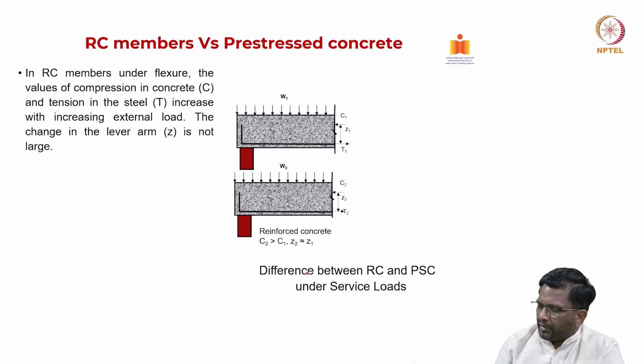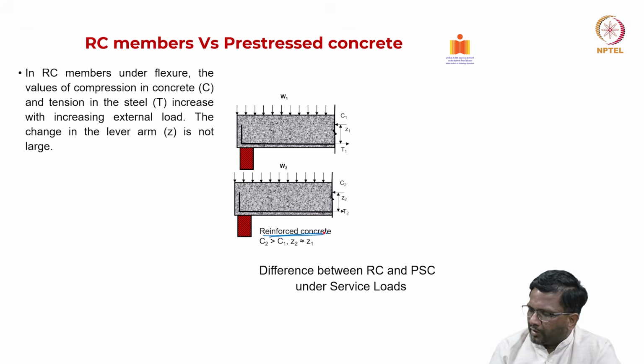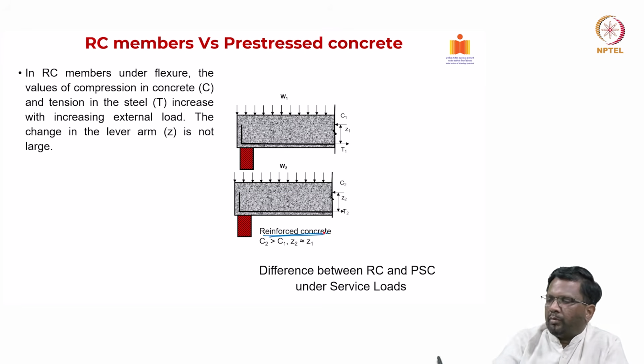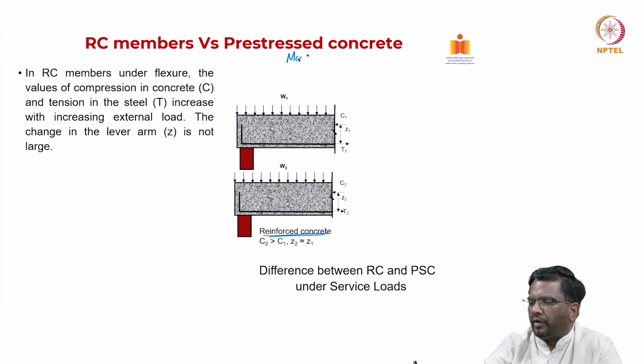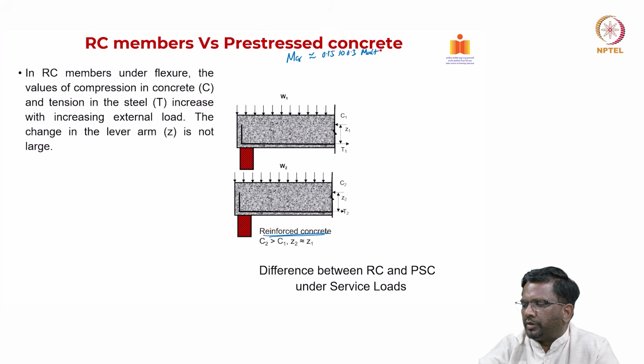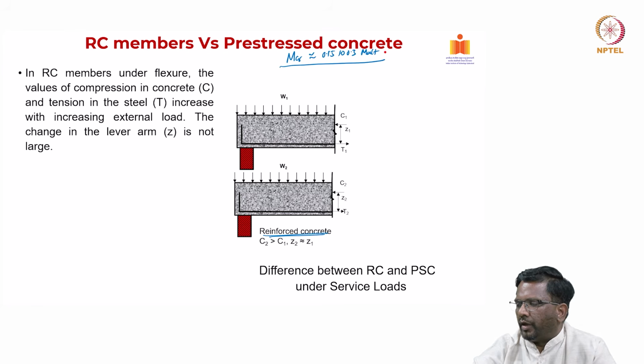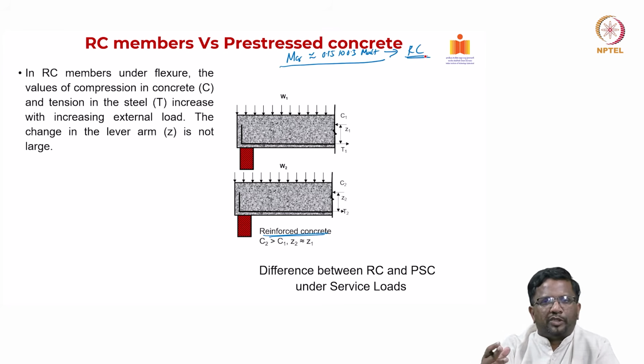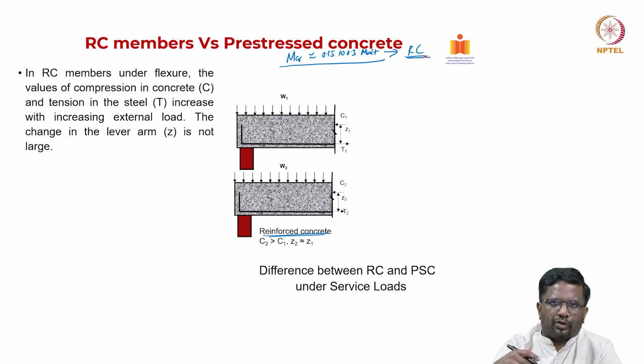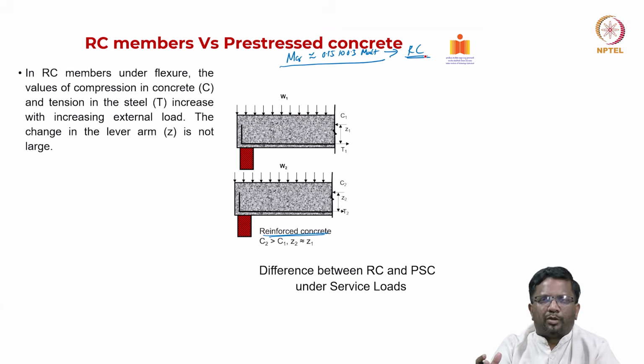Now if you look at reinforced concrete under service loads, I told you my M cracking will be roughly 0.15 to maybe about 0.3 of M ultimate, okay, in reinforced concrete. Again, that range, why it is coming, is it depends upon the tensile strength and the section modulus that you have, the cracking moment will change, right.